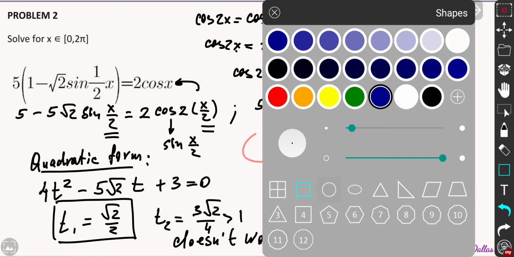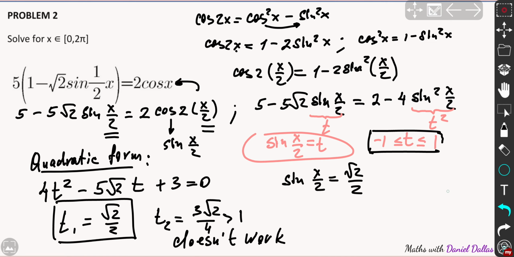So I draw this unit circle right here. Here I just want to show you how we can get the value easily. If you like, you can use a calculator, but I'll show you how to do it mentally. So square root of 2 over 2, that means we are going to use the angle of pi over 4.